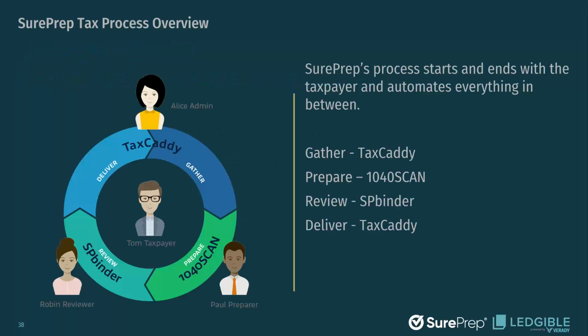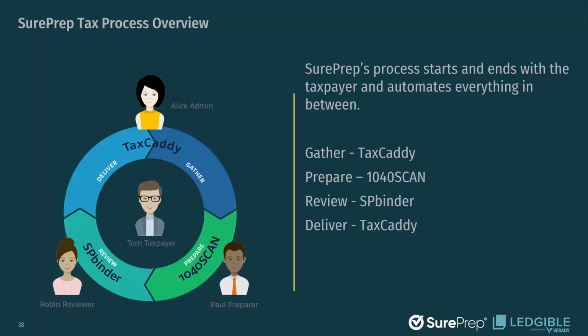John, as I said, I was going to give just a real high-level overview of the SurePrep solutions. So that circular image there on the left side is meant to represent the whole workflow of preparing a 1040. If you've got your client there, Tom Taxpayer, in the middle, the top right quadrant, what we refer to as the gather phase, is where you're requesting documents and receiving documents from your client so that you can prepare their tax return.